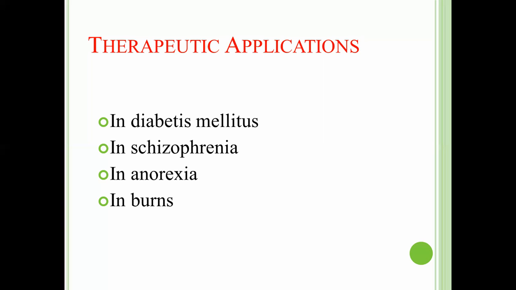In anorexia, anorexia means, it is used in anorexia nervosa where insulin improves the appetite. Before this, the meaning of anorexia was already explained. What is meant by anorexia? Fear of overweight.